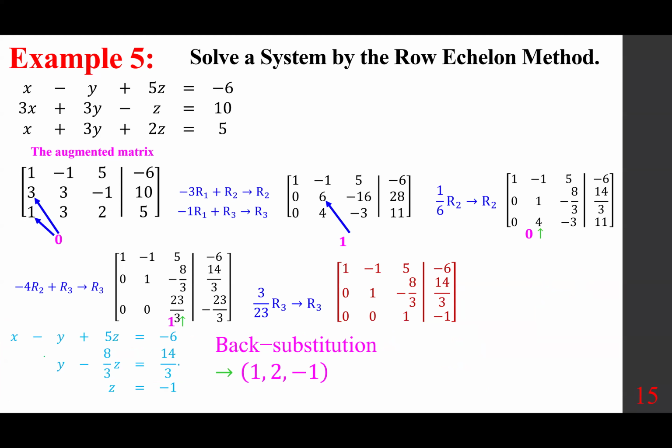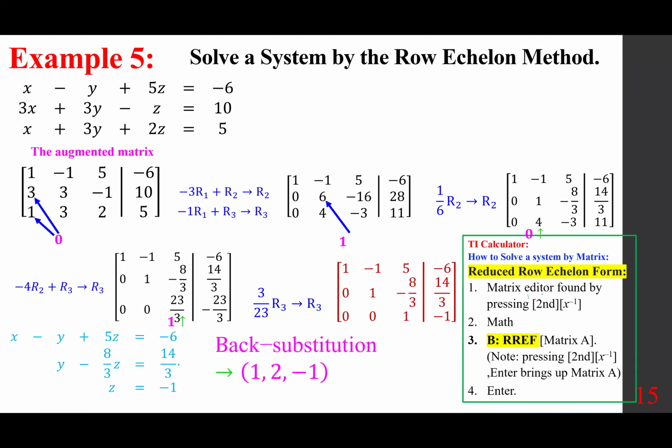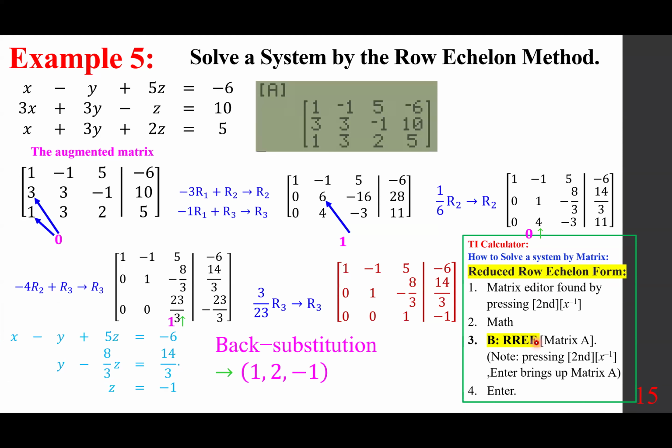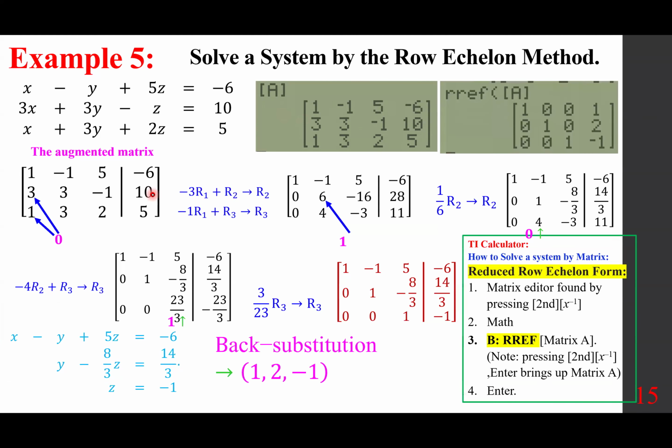And if we were to use technology, as it's been mentioned here, you have the matrix A, this one, the augmented matrix. If you do RREF, the last column, everybody, is the answer.